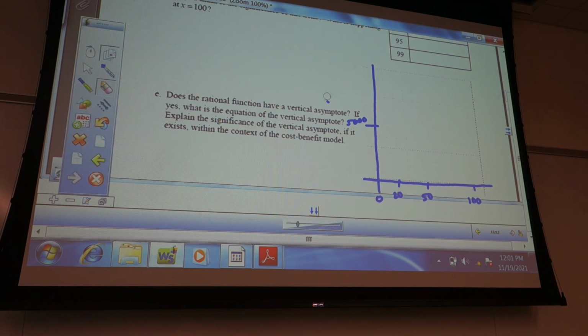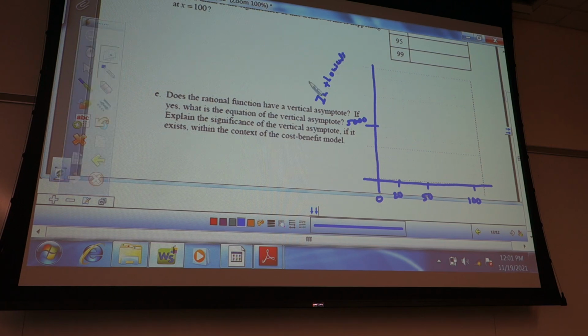That's a 1 million interval. This is my cost in thousands, that's quite a bit. So then this would be 1, 2, 3, 4, 5. This would be 10,000 thousands, so that'd be 10 million.